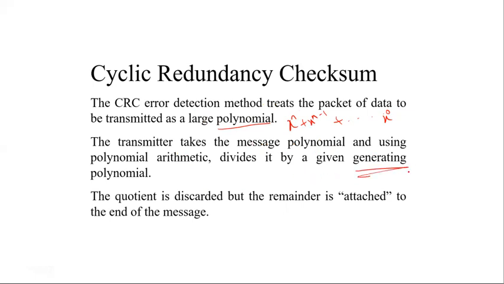So a generator uses the message polynomial and divides it. Whenever we divide, we get two things: one is the quotient and the other is the remainder. The quotient is discarded, but the remainder is attached to the end of the message.